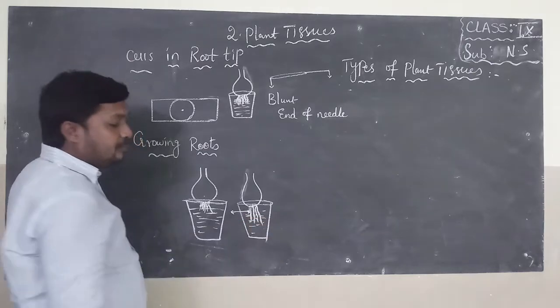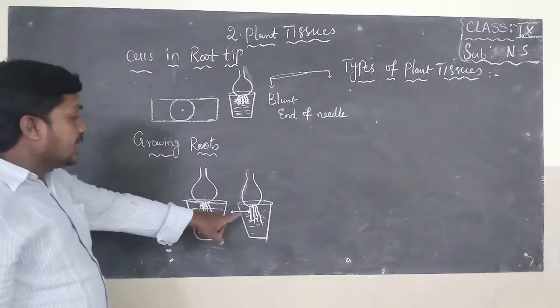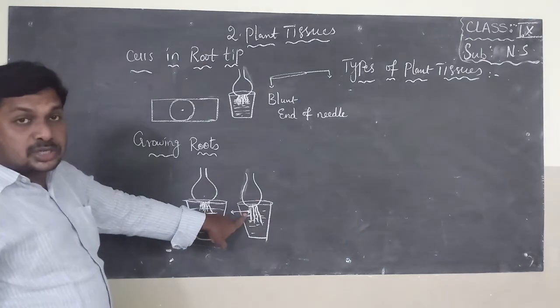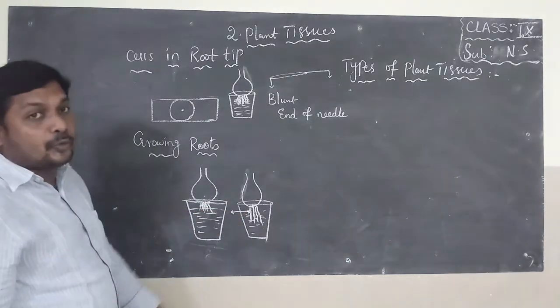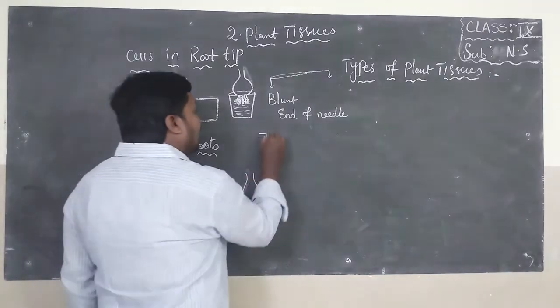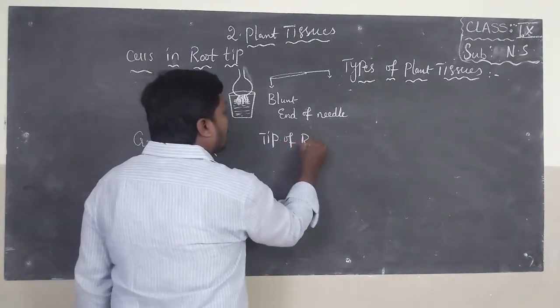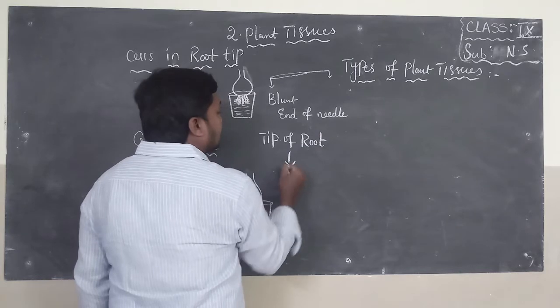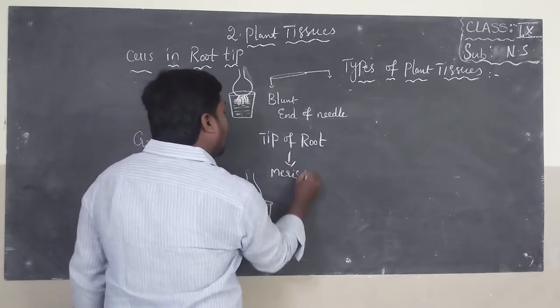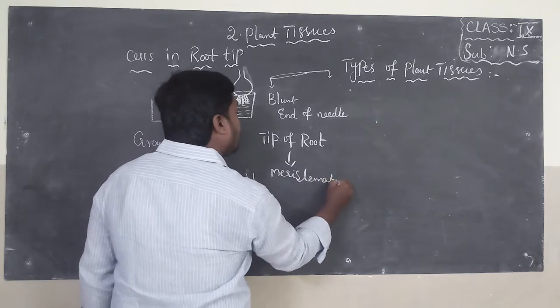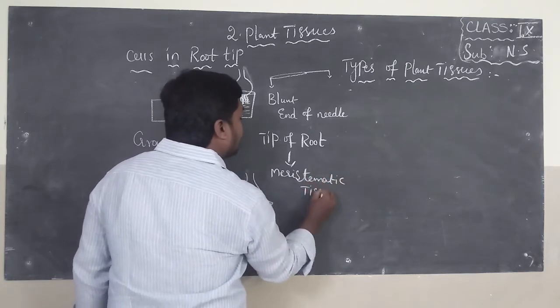What is the reason? Why is there no growth in the cut portion of the root? Because here we cut the tip of the root. The tip of the root consists of a plant tissue known as meristematic tissue.